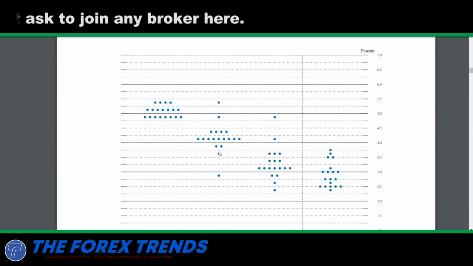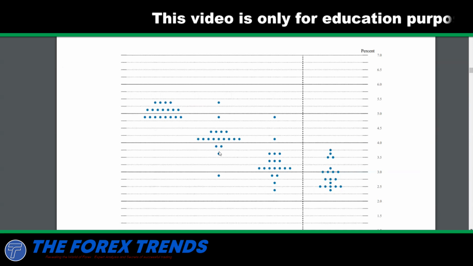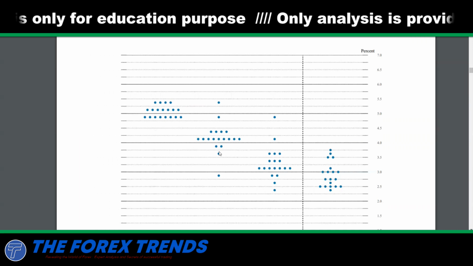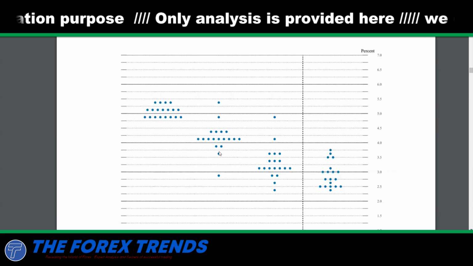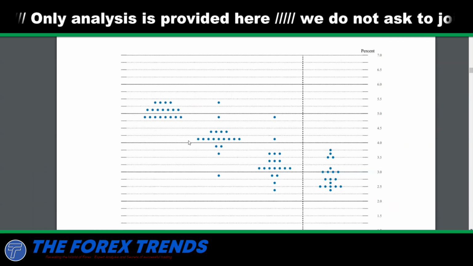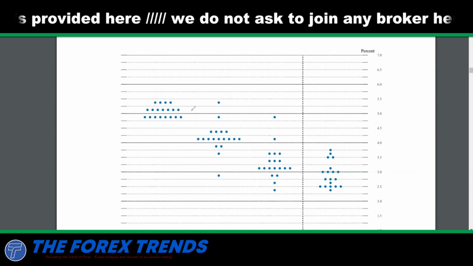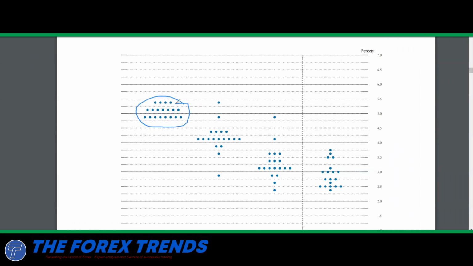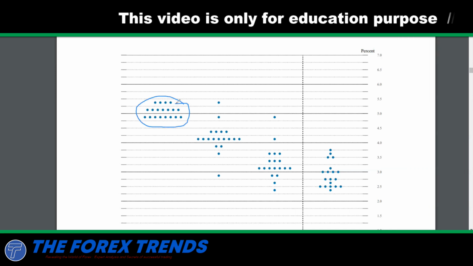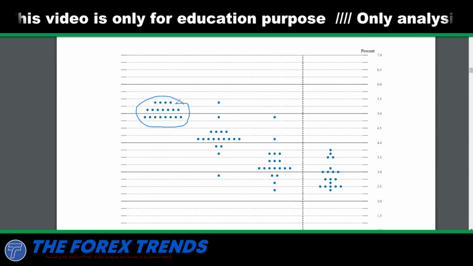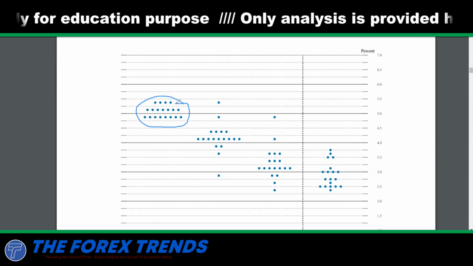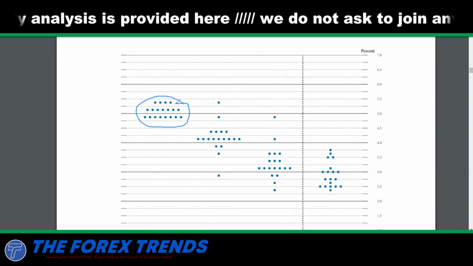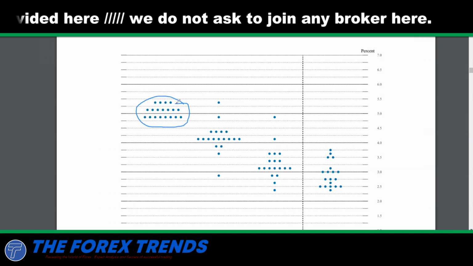The dot plot is a forecast for the interest rates by the 7 Fed governors and 12 regional Fed presidents. That is a total of 19 members. The Fed usually releases its projection at the end of each quarter, starting from March, followed by June, then September, and then December.